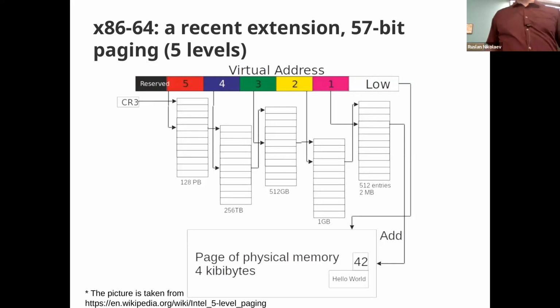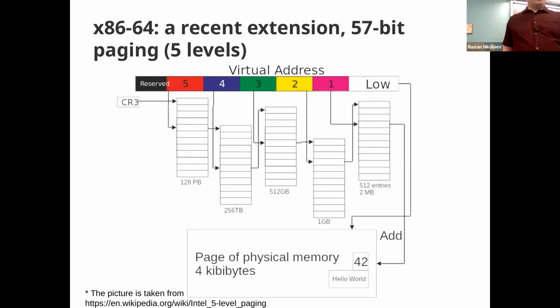Potentially in the future, they can probably go all the way to 64 bit. I guess they won't be able to use it entirely, but at least half of that space, they can still have the 6th level for 64-bit virtual addresses. Something that they can do in the future, but they haven't done it yet. Or maybe they will never do it. Who knows? Okay, go ahead.